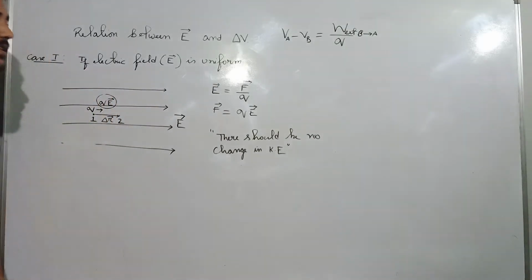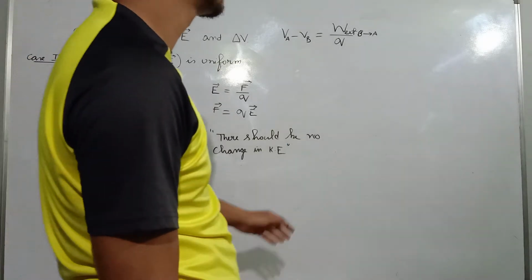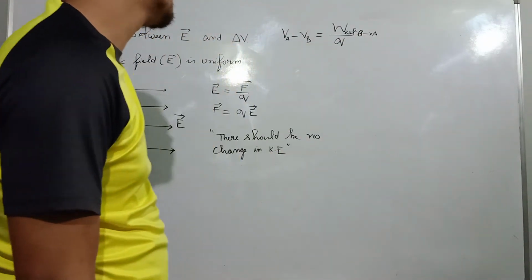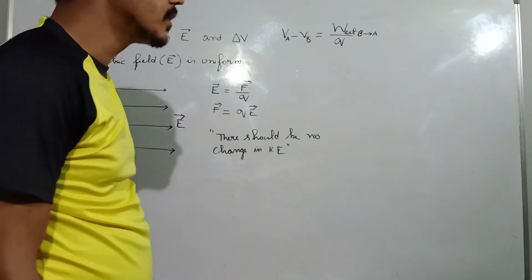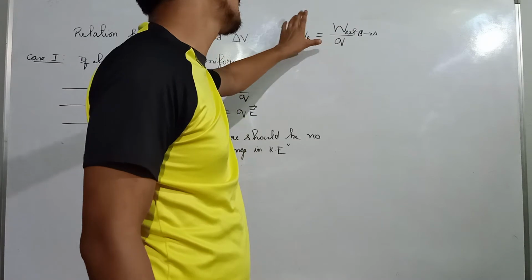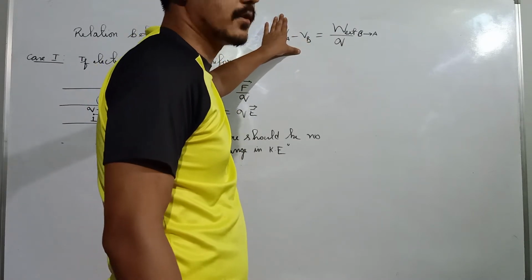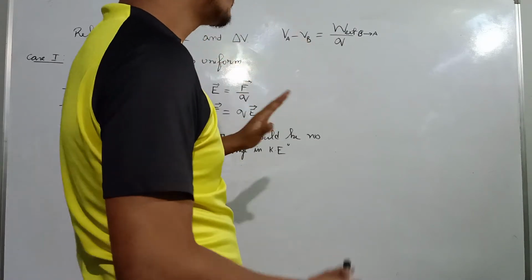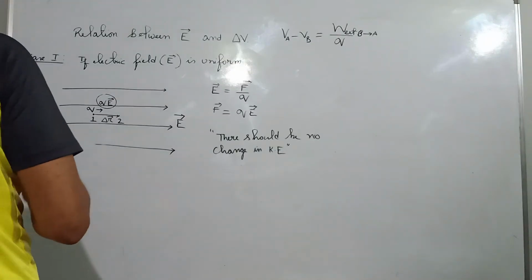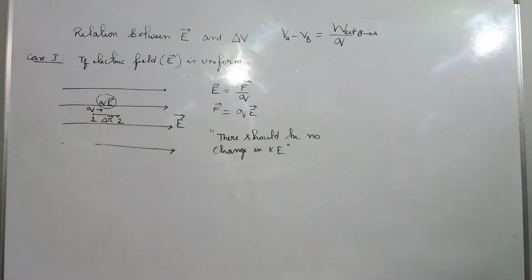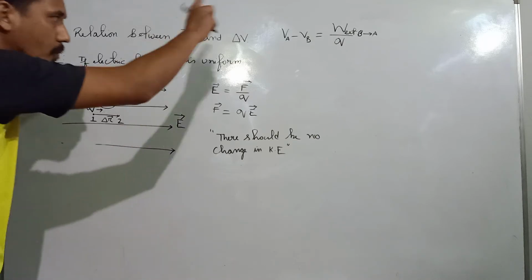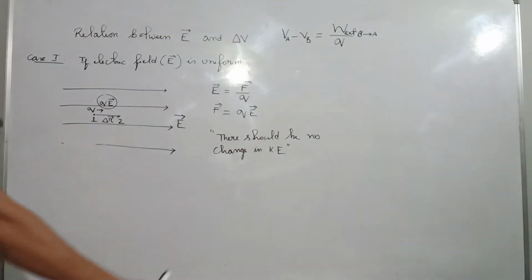See, if there was change in kinetic energy, then what will happen? Some of the work done will be converted into kinetic energy. That means the whole work cannot be converted into electric potential. Our aim is, I want to convert all of the work done into electric potential.